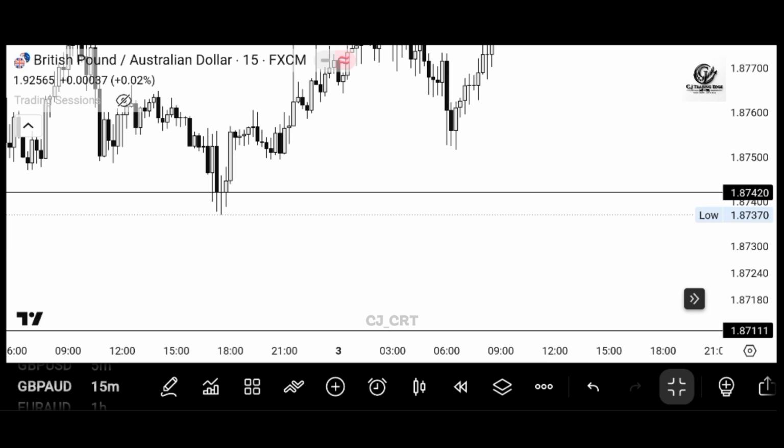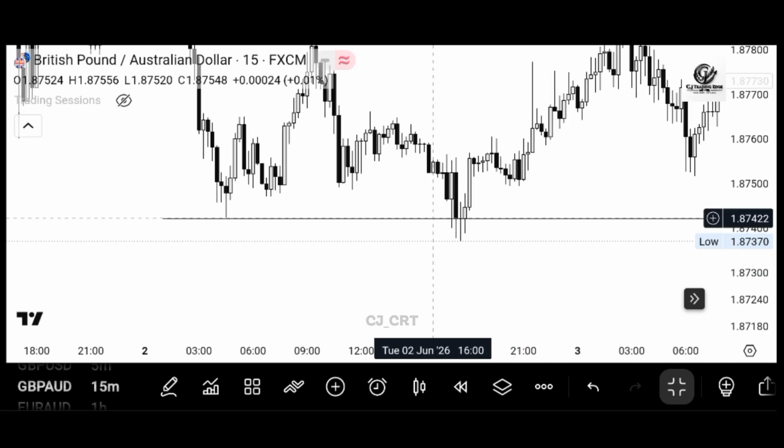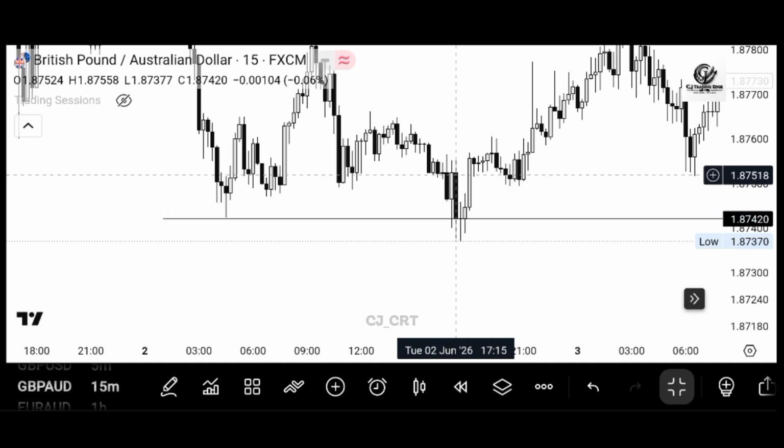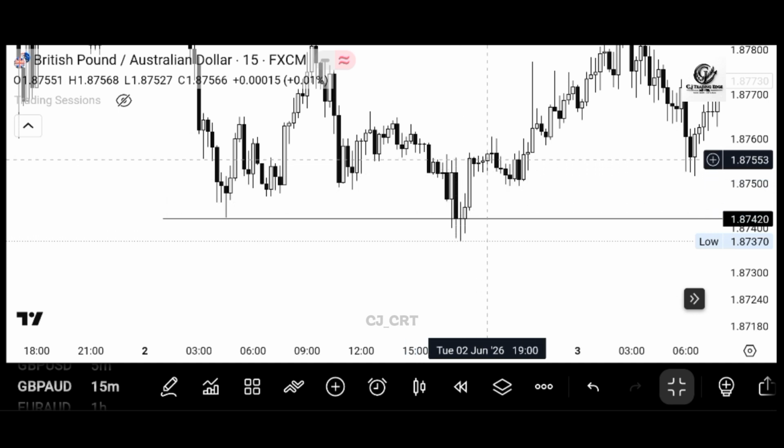As you can see, this particular candle, this is the candle we're making use of. Market closes above it, you can buy from here.